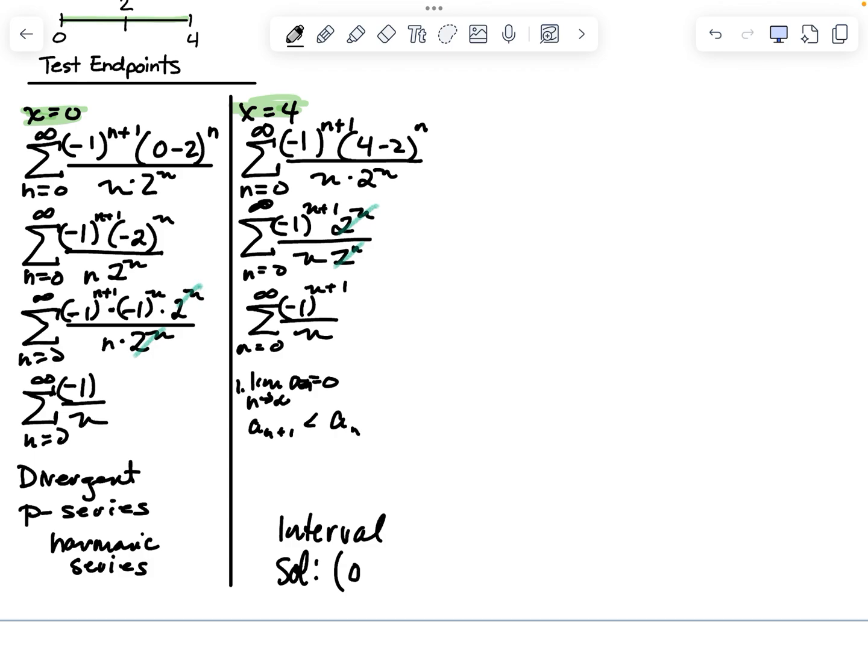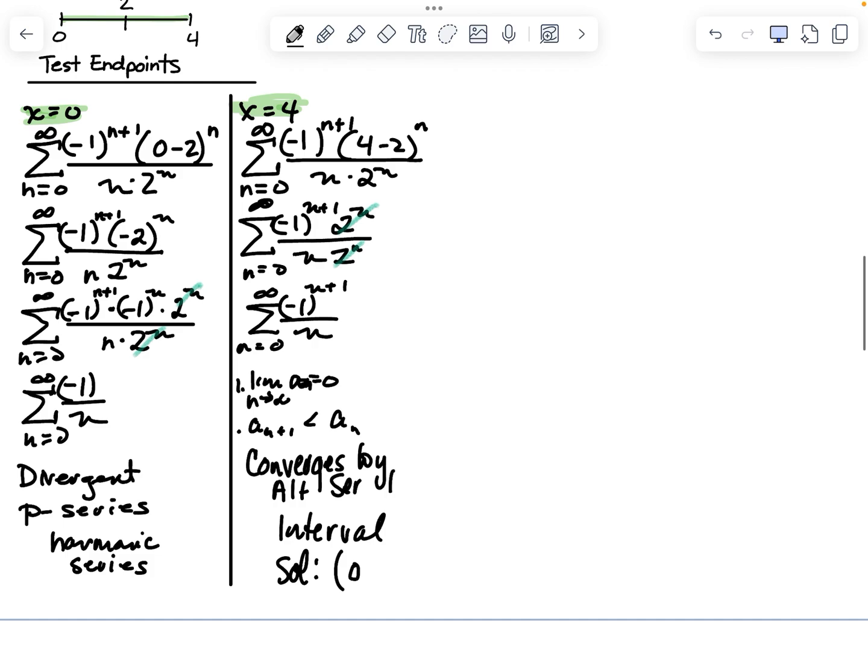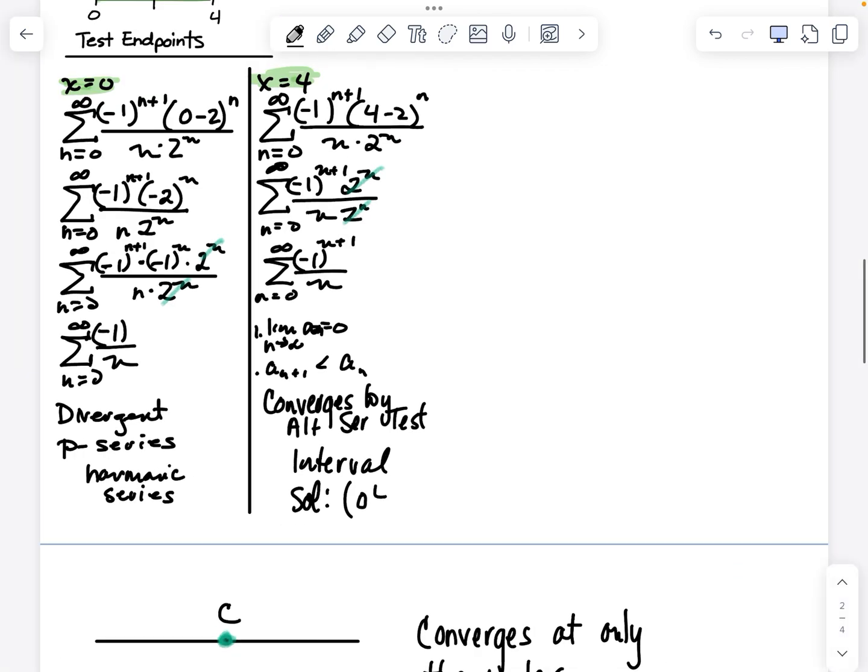So those are your two conditions, so it converges by the alternating series test, AST. So it looks like we have this interval of convergence. We would say the interval is from 0 to 4, exclusive with the 0 and inclusive with the 4.